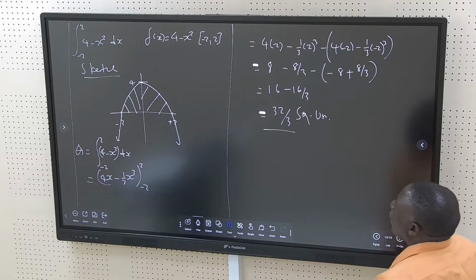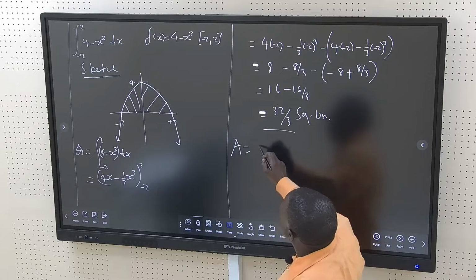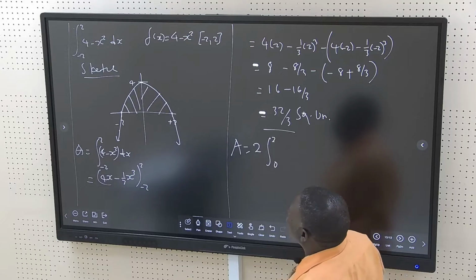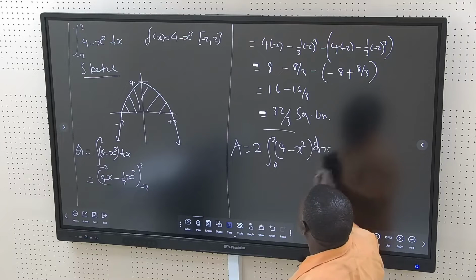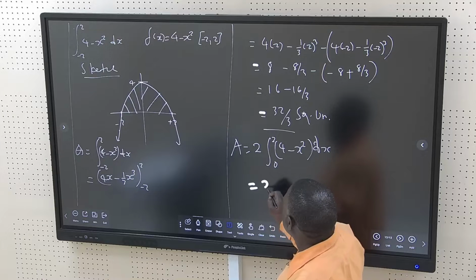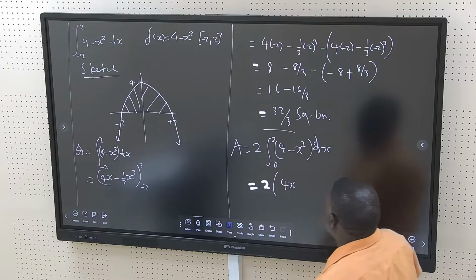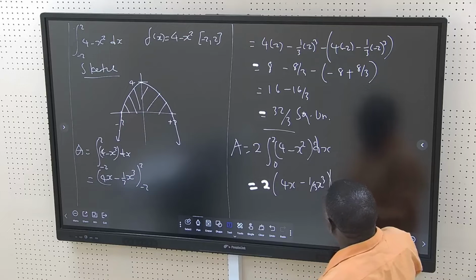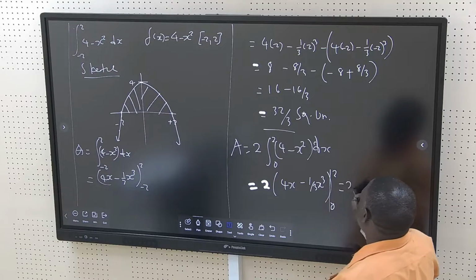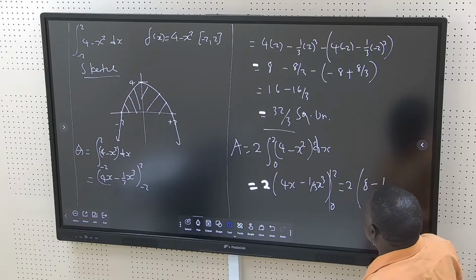It is the same as you could have evaluated shortly by saying twice the integral from 0 to 2 of 4 minus x squared with respect to x. This is twice 4x minus 1 over 3 x cubed from 0 to 2, which is 2 times the bracket 8 minus 8 over 3.